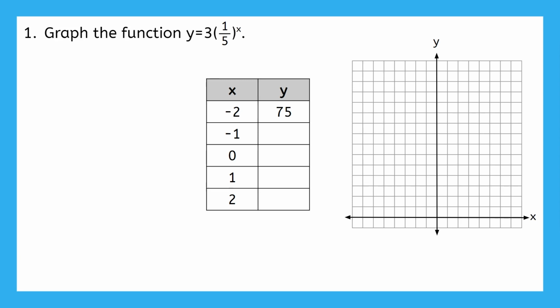Continuing to calculate each y value by hand is an option for finding the values we're looking for. And honestly, it's good practice to keep those skills fresh from the previous unit. But in order to be more efficient, I'm going to focus on my a and b values to help me fill in the rest of the table. So I know that the a value is 3, and that should be the y-intercept. And I know that the b value is 1/5. Since each of these x values increases by 1, I can use that ratio of 1/5 to work my way down the table.